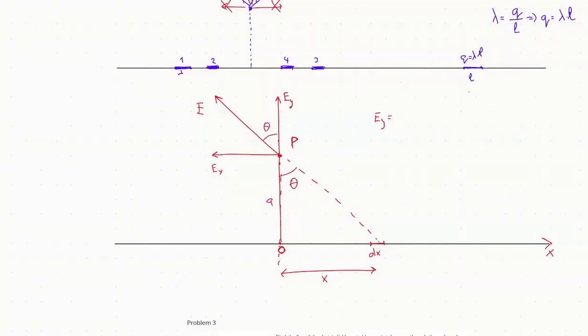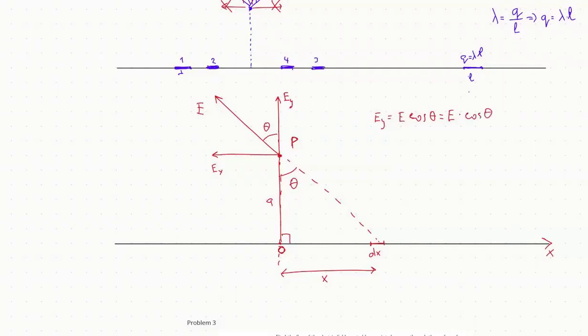So EY is E cos theta. Well, from this triangle over here, cosine theta is actually, well, let's leave it as cos theta. Let's see where that takes us.